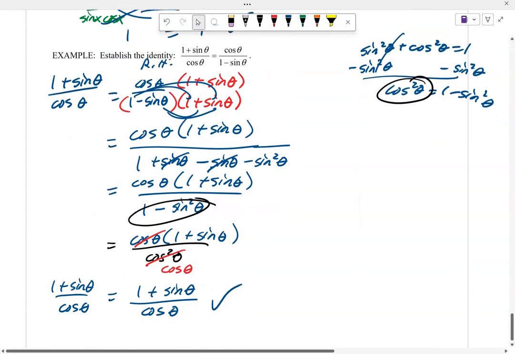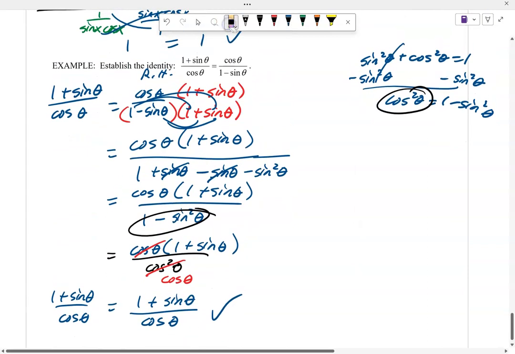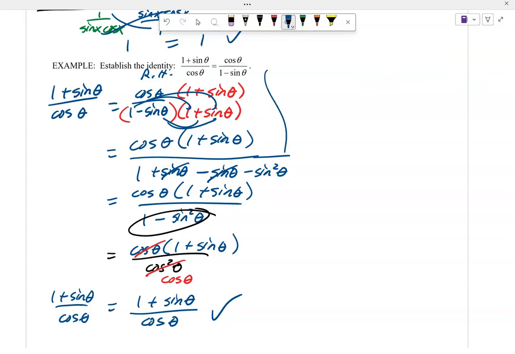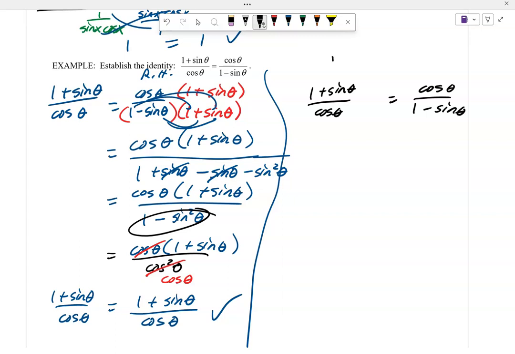So let's see if I can. Maybe I'll do it over here. So this time, let's do the left-hand side. If you're working with the left-hand side, then we're going to multiply by the conjugate of 1 plus sine. So I'd have 1 minus sine.